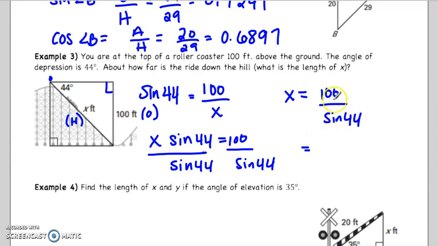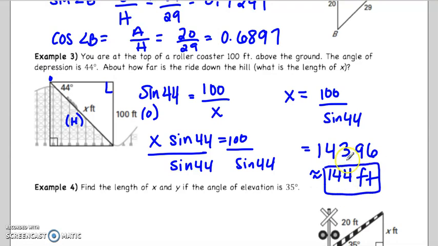So what you're going to do is take your calculator and hit 100 divided by, hit sine 44, and then hit equals, and what we end up getting is 143.95. So we'll go ahead and round that to 143.96, and so that ride going down is about 144 feet down. All right.